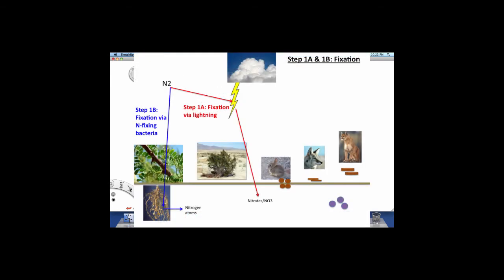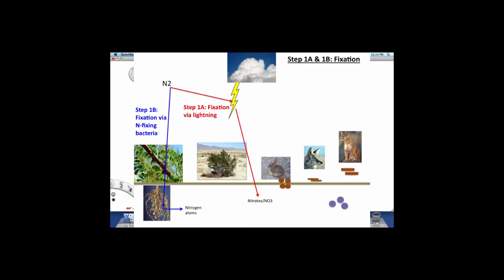Okay, so let's review real quick. There are basically 6 steps to the nitrogen cycle. In step 1, we have fixation of nitrogen, and we can do that in one of 2 ways. We can do it by lightning, which is shown in this picture with a red arrow, or we can also fix our nitrogen with the help of nitrogen-fixing bacteria, which is shown by the blue arrow.